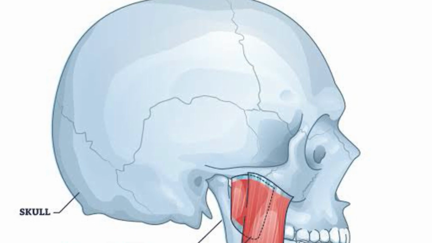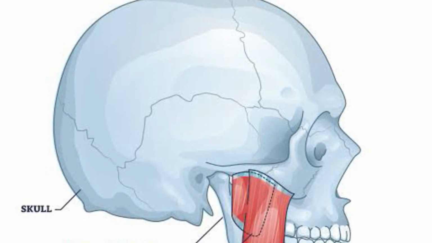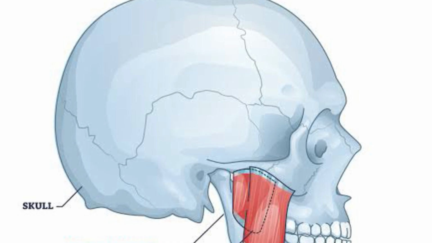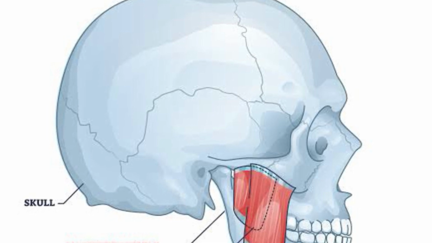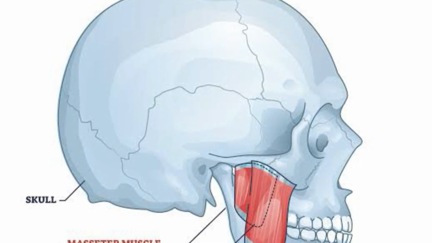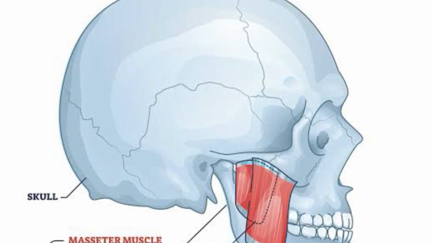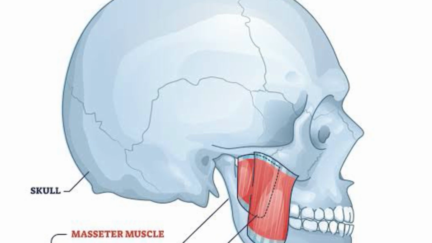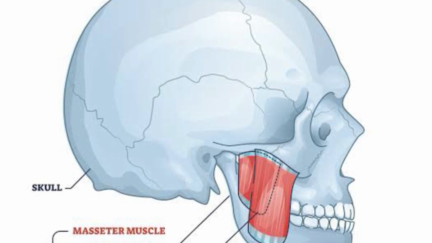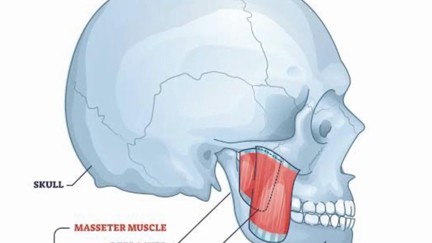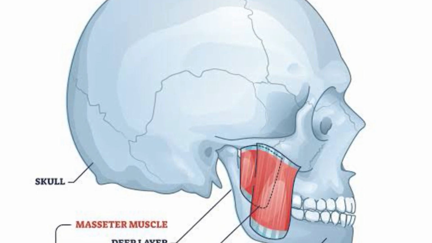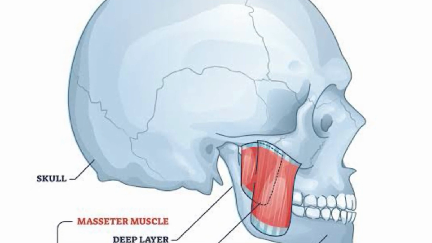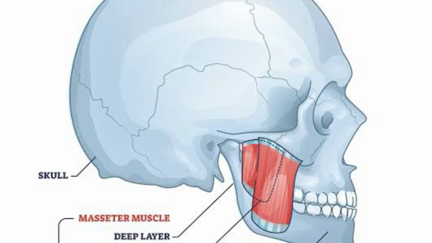It has two parts. The superficial part arises from the maxillary process of the zygomatic bone and the inferior border of the zygomatic arch anterior to the third part, and the deep part arises from the inferior surface of the zygomatic arch posteriorly. Both the superficial and deep parts insert on the lateral surface of the ramus and angle of the mandible.